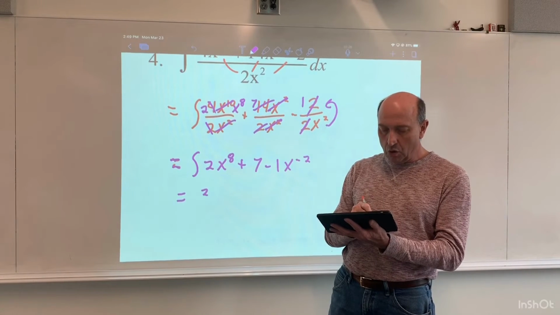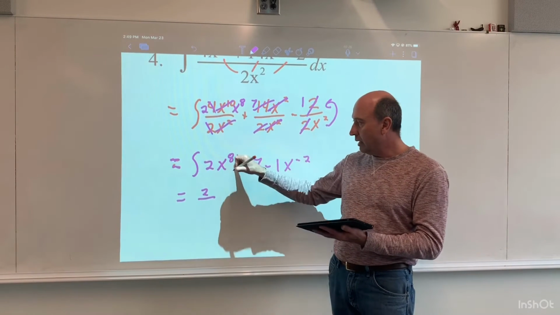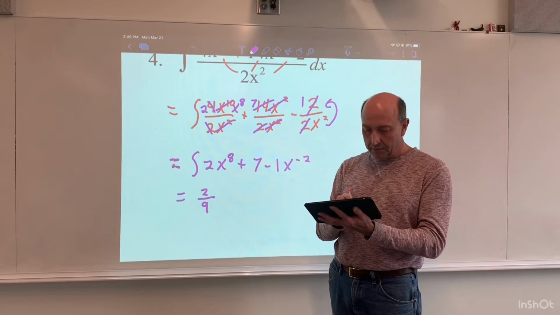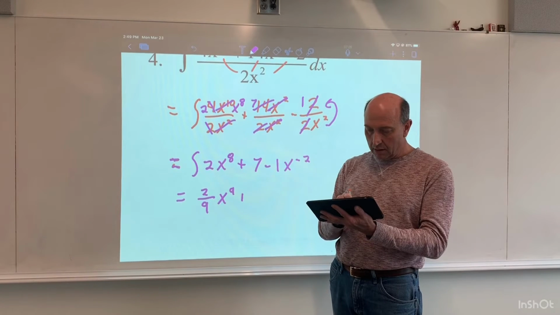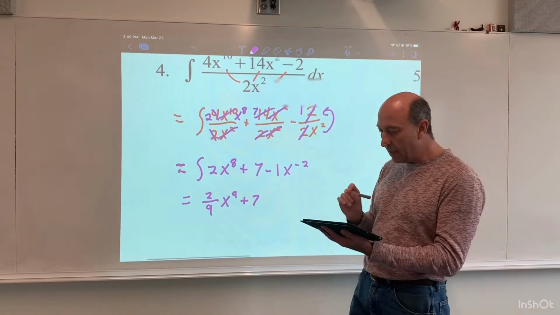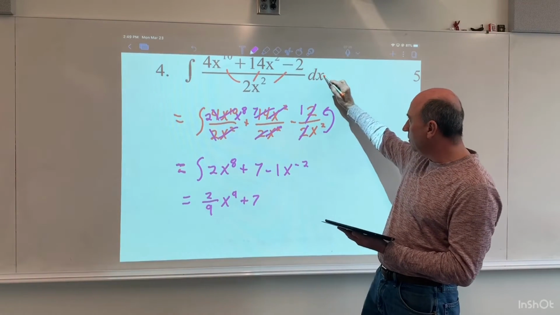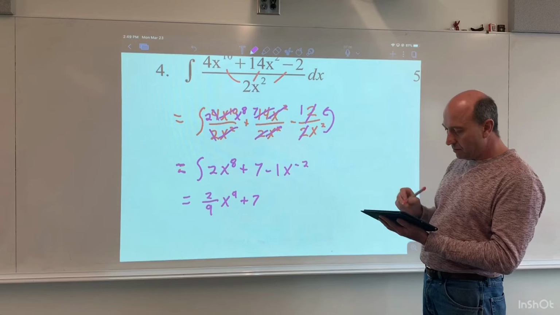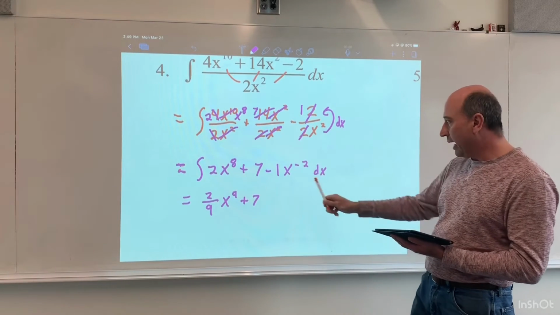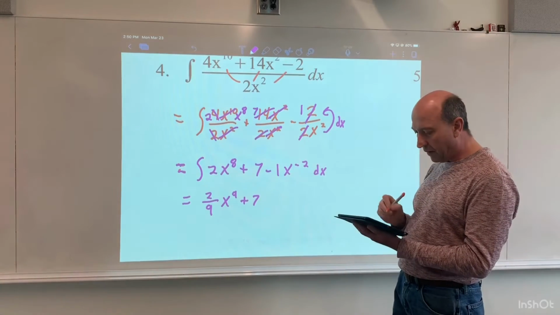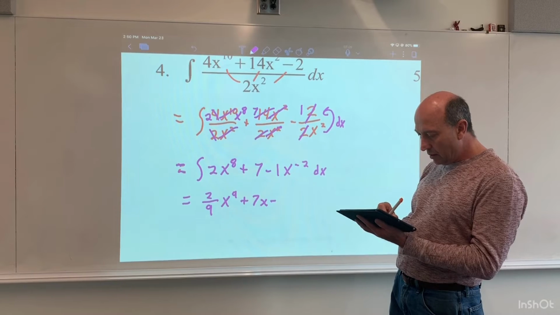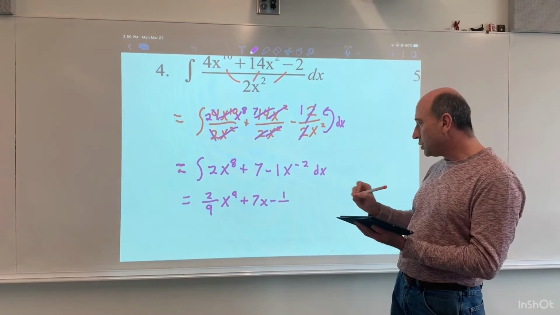So it's 2 over the new exponent. 8 goes up by 1 to a 9, x to the 9th, plus 7. Oh, what variable was I taking the antiderivative with respect to? It was with respect to x. So there technically should be a dx here and here. So what's the antiderivative of 7 with respect to the x variable? 7x minus 1 over the new exponent.